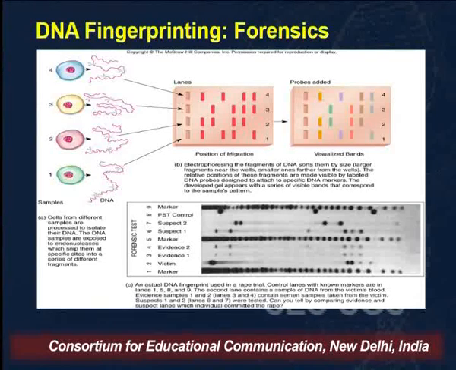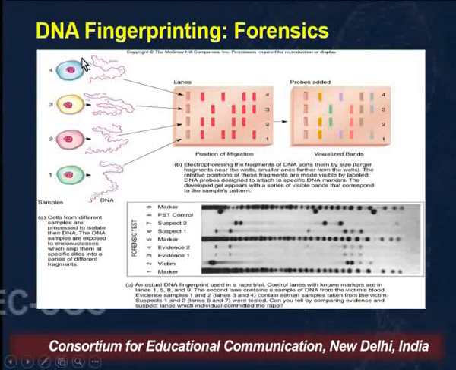Basically you digest a DNA and blot it, and based upon either the digestion pattern or the amplification patterns, we will see, these markers give you a distinct pattern for DNA from different individuals. Therefore you can use it for genotyping, for identity testing, and in a lot of different ways, which we are going to discuss now.